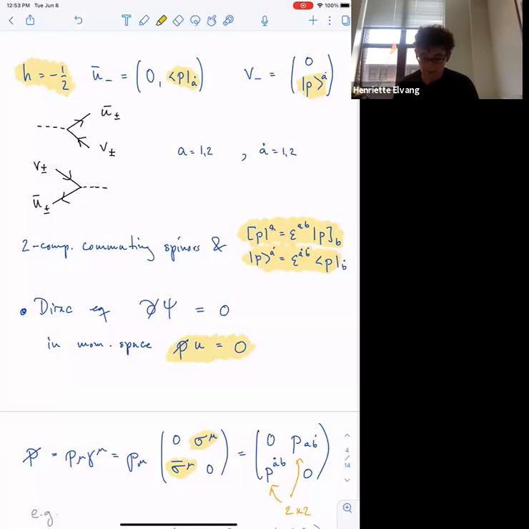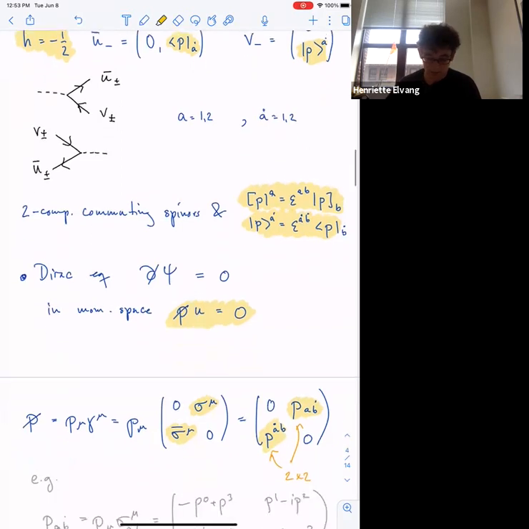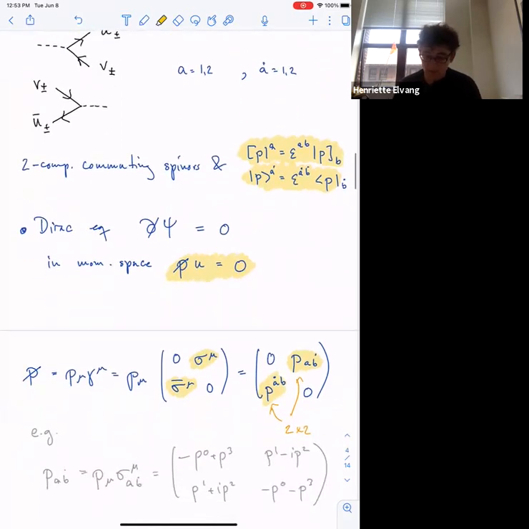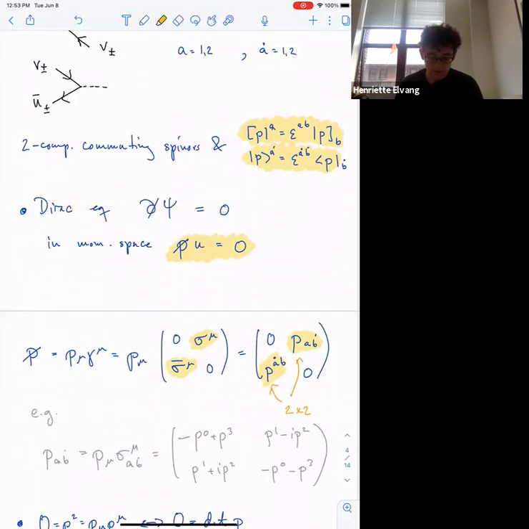When I dot in P, this matrix decomposes into a 2x2 block form. And I have a 2x2 matrix P with lower indices and one with upper indices with this type of structure. If you studied supersymmetry, this is the index notation that you see come up there all the time. If I wrote out explicitly what this means, the 2x2 matrix P with lower indices has these entries that I'm showing you here.